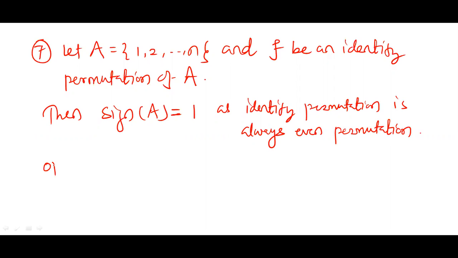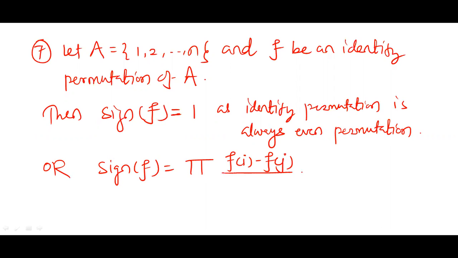Or by definition you can write, the signature of f is equal to the product of (f(i) minus f(j)) divided by (i minus j) for i greater than j.